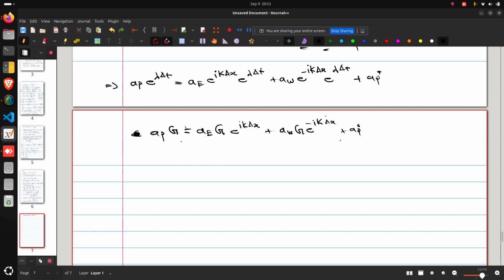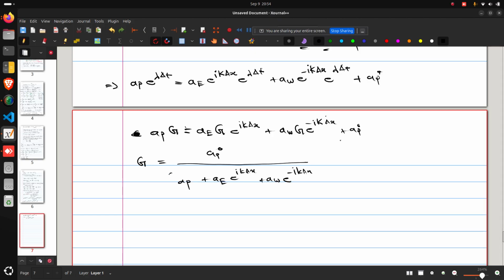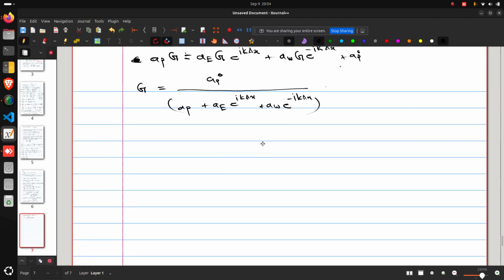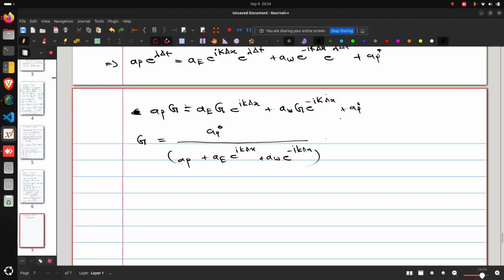Now we'll take everything to the left hand side and take g, and we are finally left with g equals AP naught divided by AP plus AE e to the power i k delta x plus AW e to the power minus i k delta x. Okay, this is what we are left with.